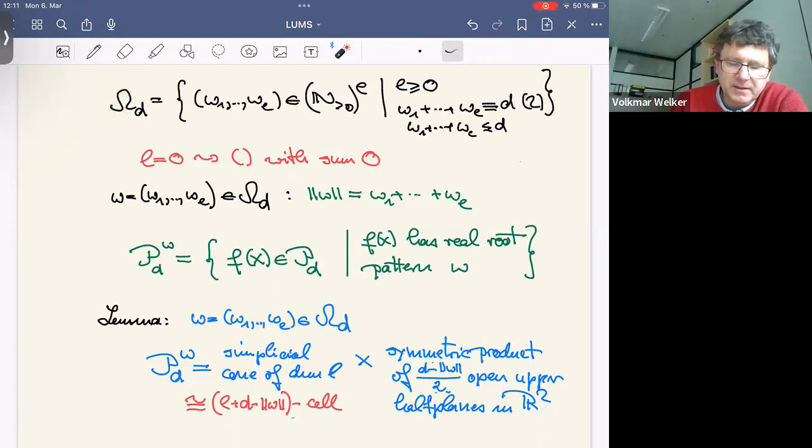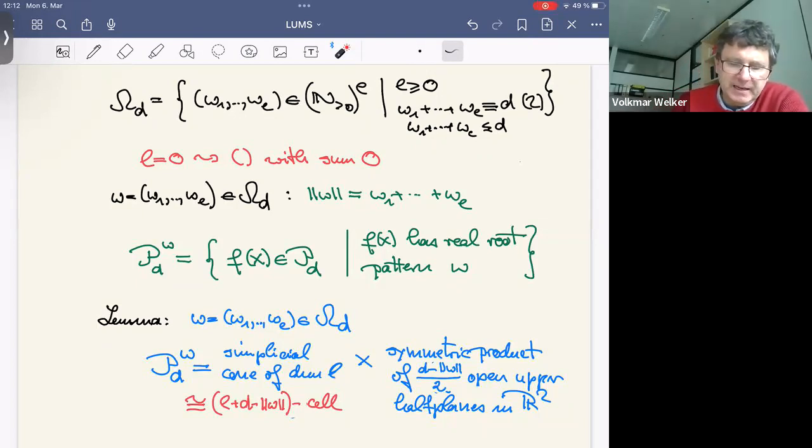So omega d is exactly all the L-tuples, for arbitrary L greater or equal to 0, of positive natural numbers with the property that they sum up to something less or equal to d, and their sum is congruent to d modulo 2. These are the possible root patterns of a monic polynomial of degree d.